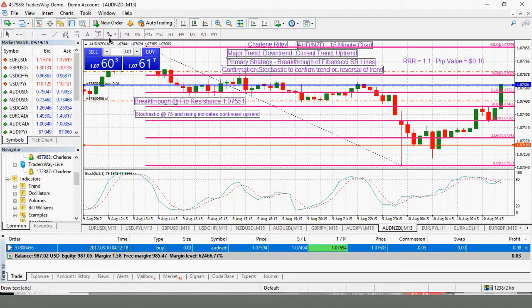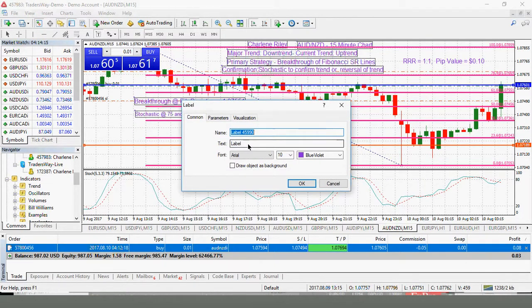And so because of those things, I entered into the trade at 1.07594.